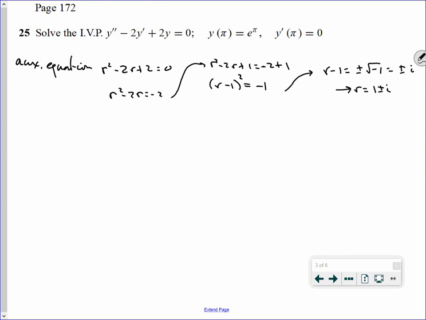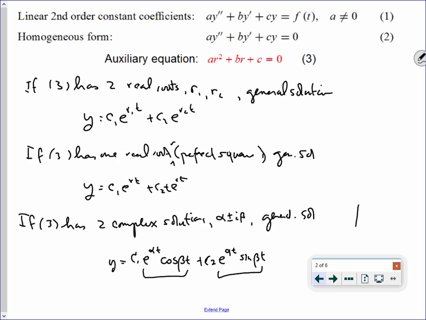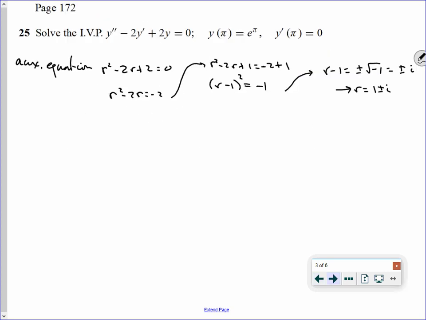Okay, so our complex solutions, remember it's alpha and beta here. So alpha is the real part, that's 1, and beta is the imaginary part, being the coefficient of i. That's also 1.